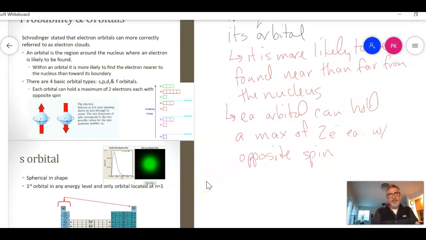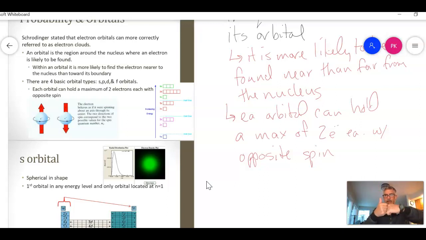There are 4 different types of orbitals, and we're going to go over them: s, p's, d's, and f's. But each orbital can hold 2 electrons. Electrons come in pairs, and each has a different spin, and those different spins cancel out the electrical field they create, because a spinning electron creates a force in one direction. So if I have opposite spinning, they cancel each other out and make it neutral.